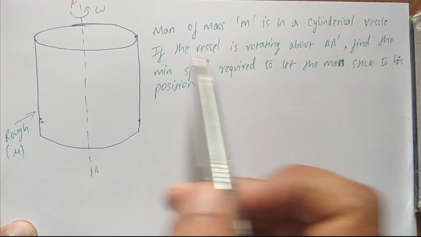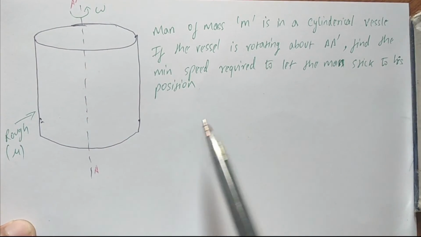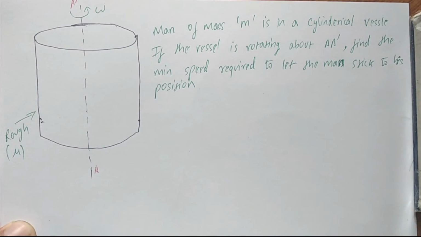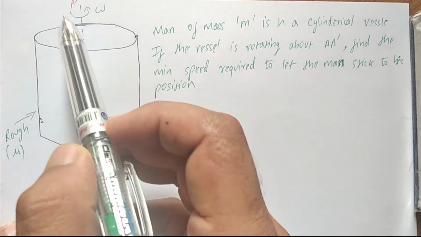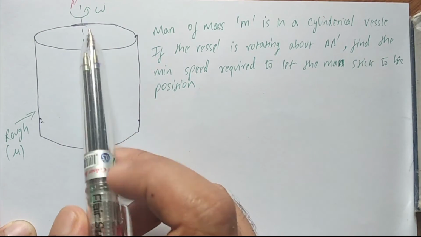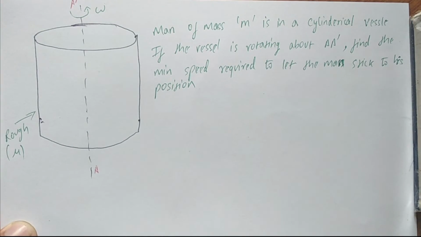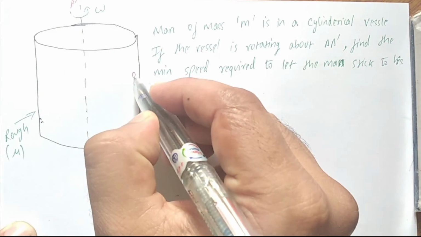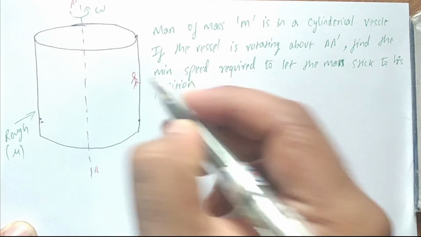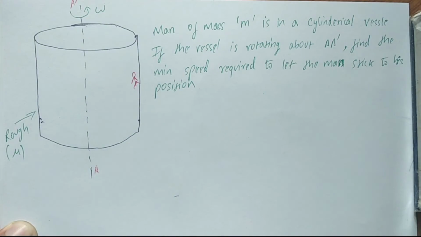So I will be discussing this problem. In this problem we have been given a cylindrical vessel which is rotating with an angular velocity of omega. Inside this cylindrical vessel we have a man who is stuck to the wall.